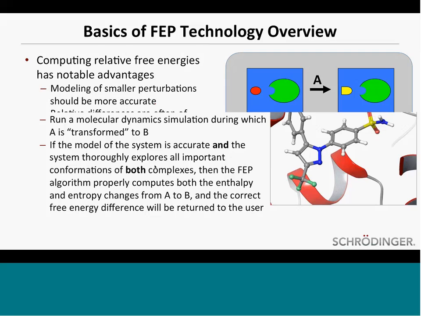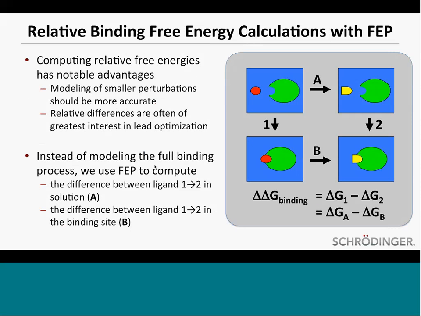in principle, the FEP algorithm properly computes the free energy difference between the two states. The reason that we calculate relative binding free energy differences instead of absolute free energies has some notable advantages. First of all, these perturbations are smaller. You can imagine the difference between a bound state and an unbound state is quite drastic, but the difference between ligand A bound to a protein and ligand B bound to a protein is, in terms of physics, a relatively small difference.